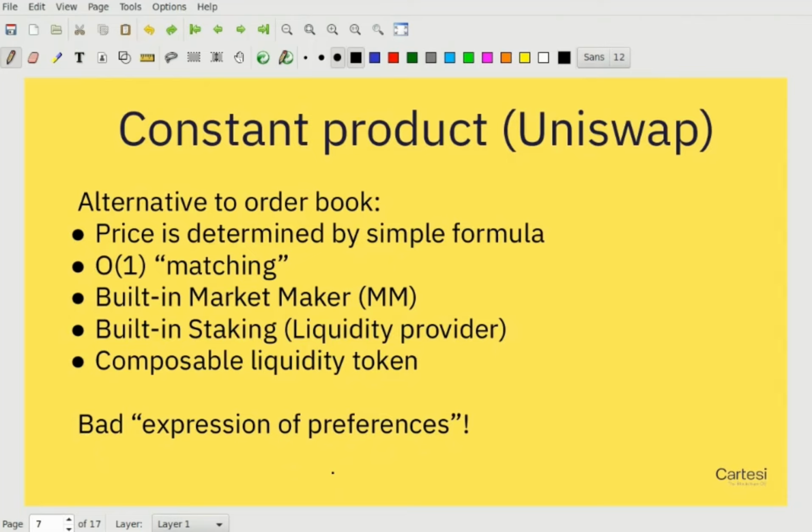If you add complex derivatives, then of course there is a way to express your preference better. But for immediate trades, an order book is paradise. So that's why people don't get fully satisfied with Uniswap. Everyone wants a proper decentralized exchange.